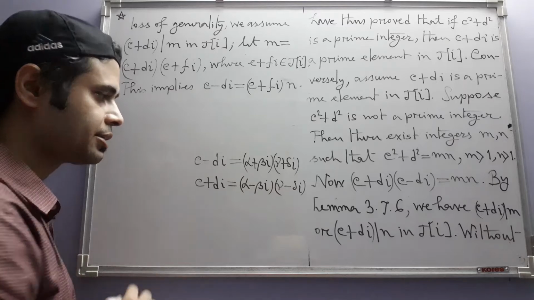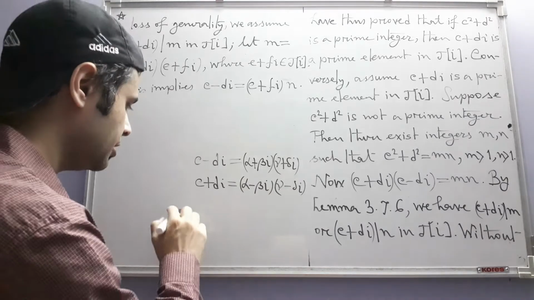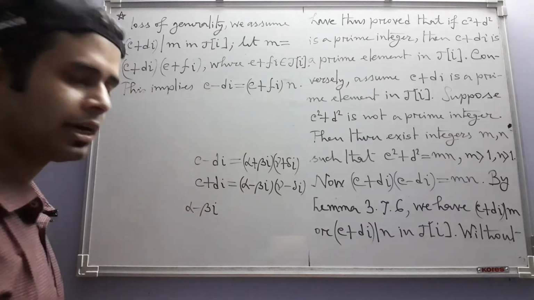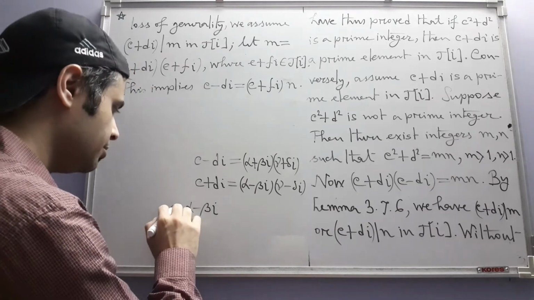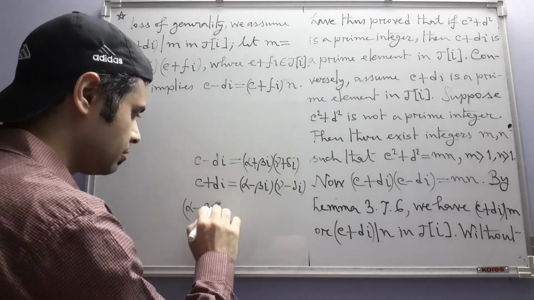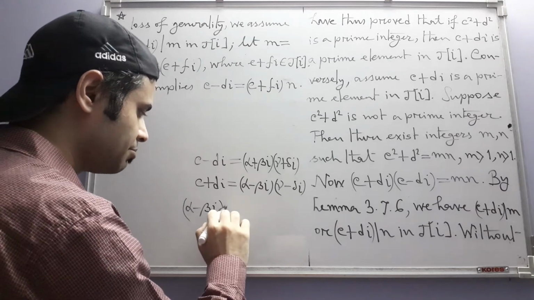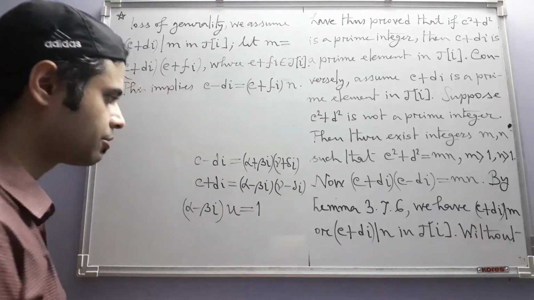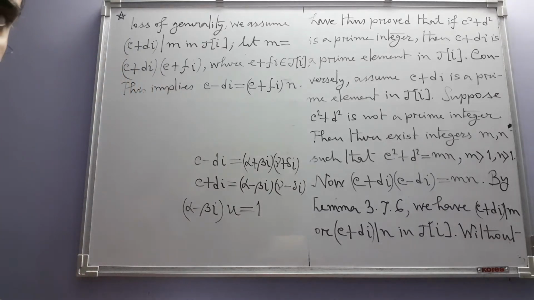Suppose alpha minus beta I is a unit. Say alpha minus beta I is a unit. Then alpha minus beta I times something else is equal to 1.